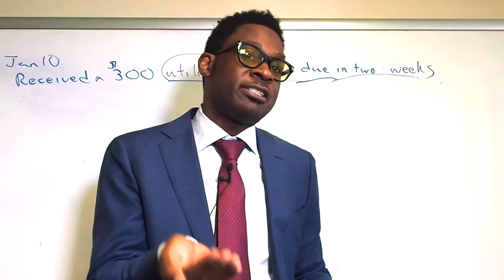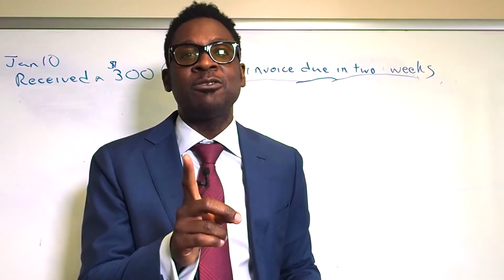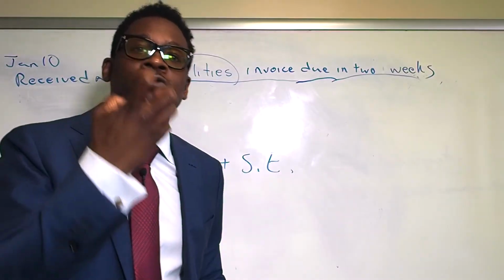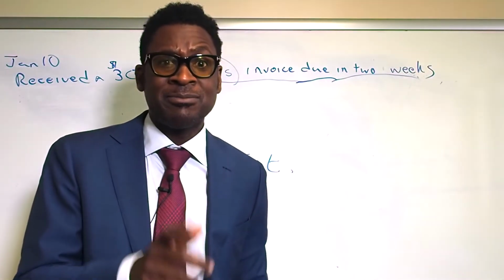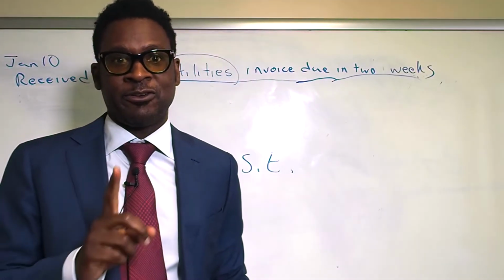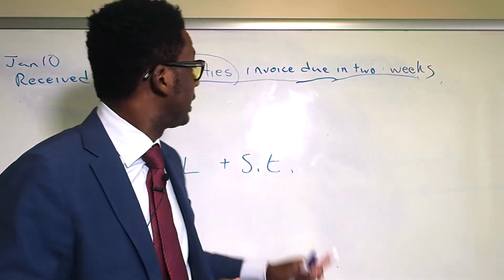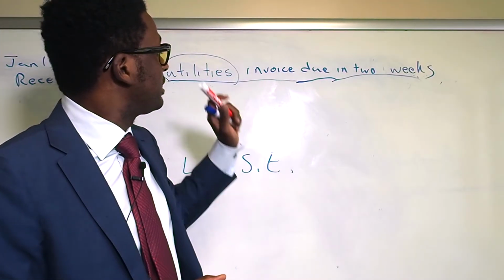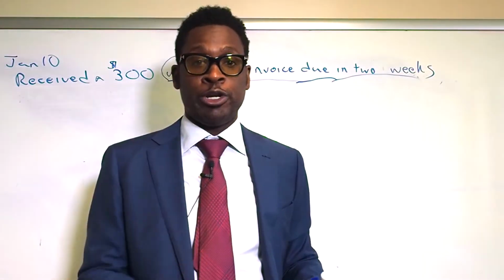Now, utilities is an expense account, but that particular account affects retained earnings. Remember we said retained earnings is income, and income is revenues minus expenses, right? So let's elaborate on that. Let's investigate that. We received a utilities bill, so our utilities expenses has gone up.